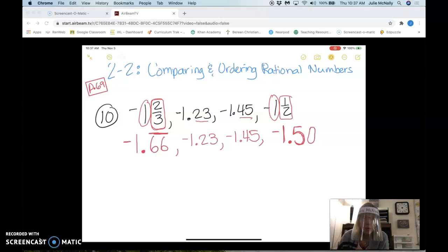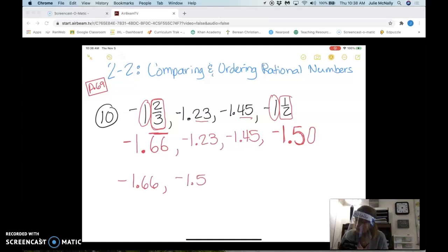But we have negatives. So we have to think backwards. And it's telling us to put it from least to greatest. Smallest to biggest. I want the most negative number first. Which one of these is the most negative? Negative 1.66. Yes. So that one's going first. What's the next most negative? Negative 1.50. Yes.